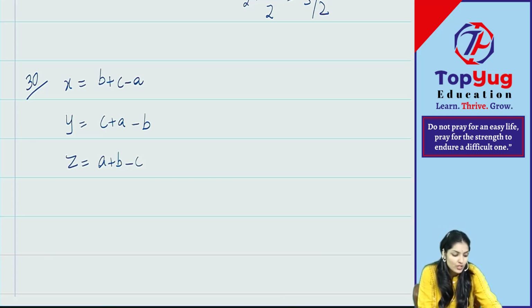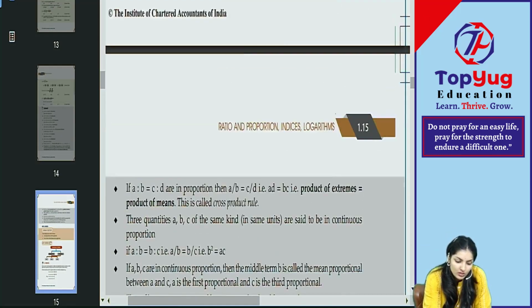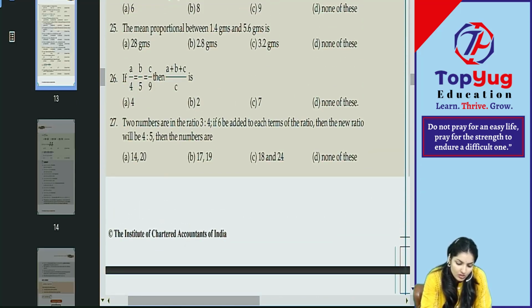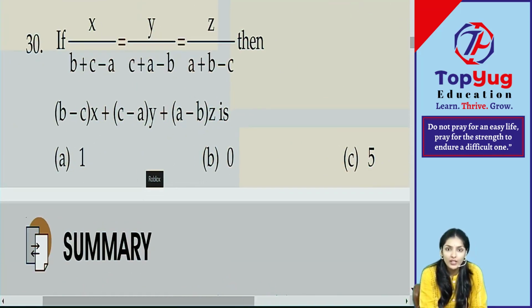Can you see the question over there? It is b minus c into x. So whatever value you got of x, substitute; whatever value you got of y, substitute; whatever value you got of z, substitute. I will do this one. You have a look and then you copy it. Those who know can do it, and those who don't know can just have a look.